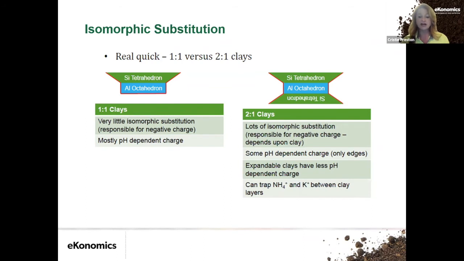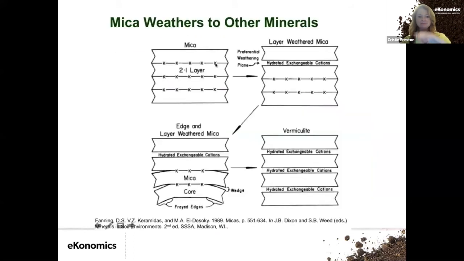Again, they can collapse and capture ammonium and potassium within those clay layers. That's a big issue because those nutrients are not going to be plant available under drought conditions. And we'll talk more about that here in a minute.